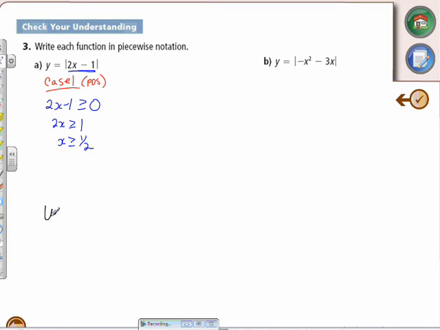So what we're saying here is that y equals, opening up the big brace, y is going to be the positive case, 2x minus 1, when, or if, x is greater than or equal to 1/2.